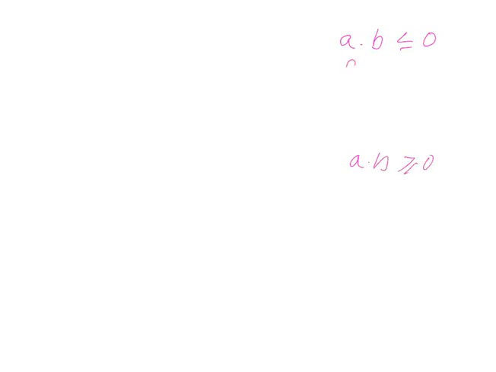The question can also come as a over b less than or equal to 0 or a over b greater than or equal to 0. So here the interesting part is I have still maintained that it implies that either a is less than or equal to 0 or b less than 0.